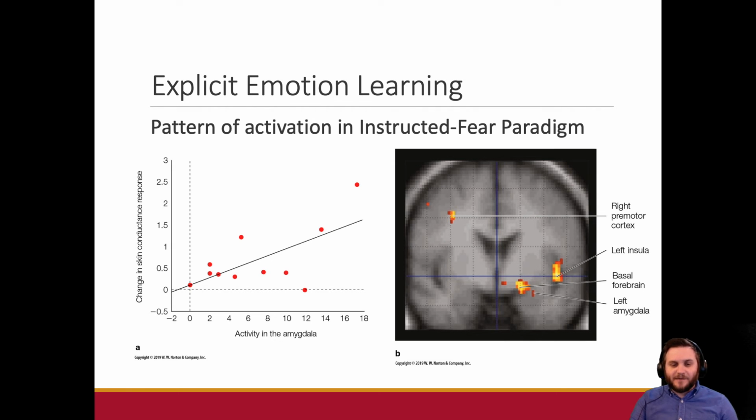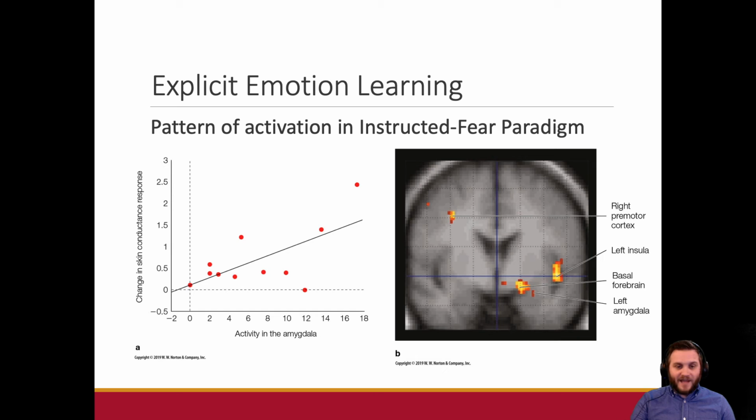It doesn't necessarily look like it on this scatter plot, but I can tell you that this is a fairly good regression line. Now B, this graph here, shows activity in the left amygdala when a CS is presented.